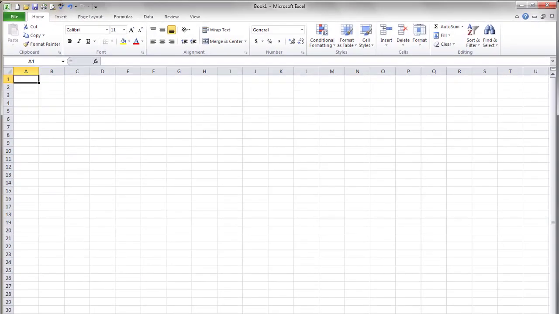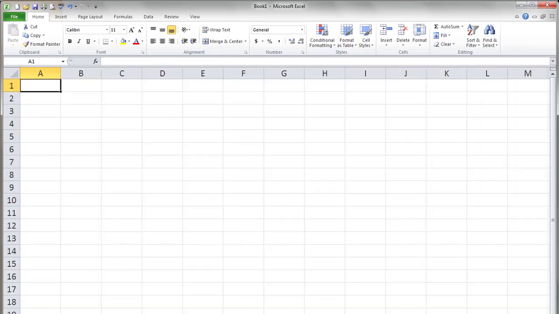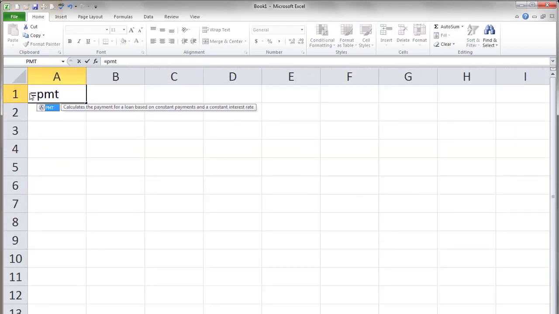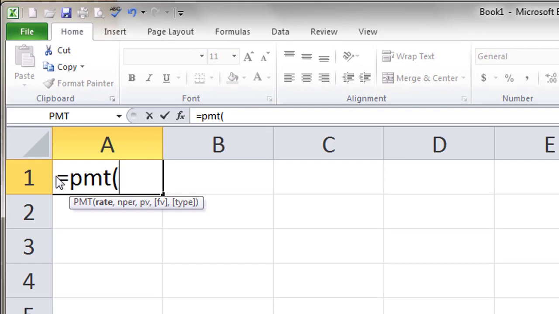Now, if you'd like to see one way to do this, let me go to Excel, and I'll show you the equation here. Let me zoom in so it's easier to see what I'm doing. In Excel, we have a function called payment, PMT. It calculates the payment on the loan with given numbers. So let's put this in, and you can see right down here at the bottom that it has hints for what you should be putting in. The first is rate, that's my 1%.